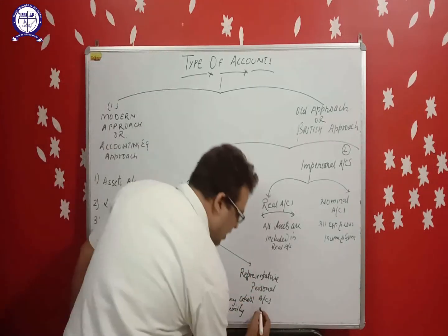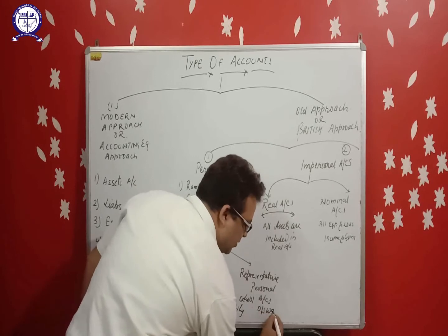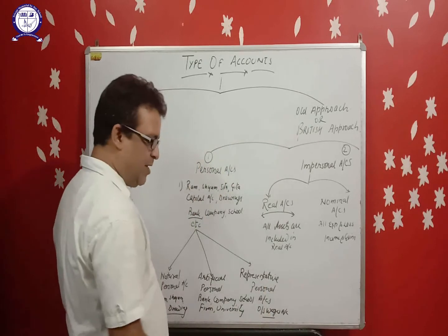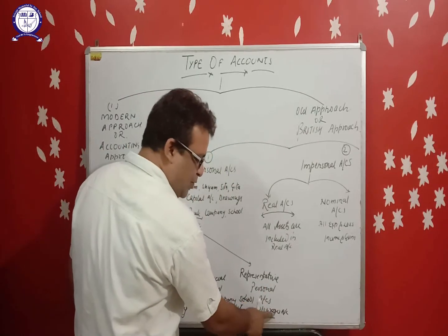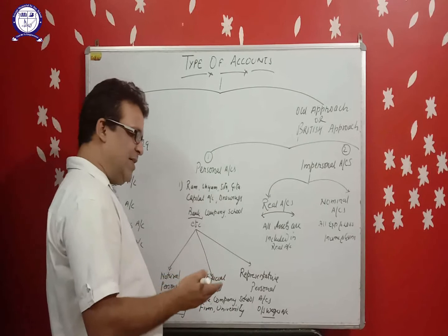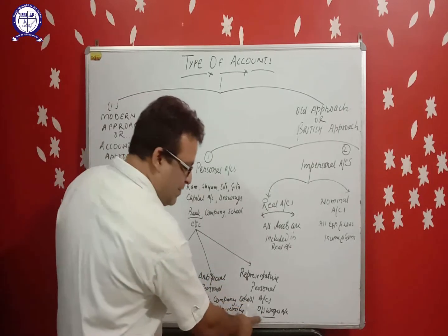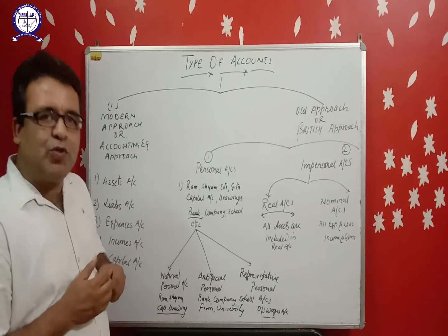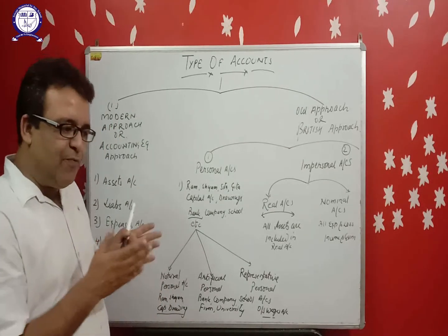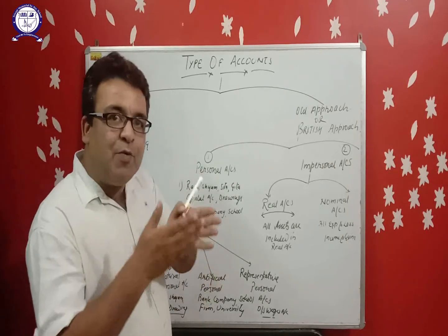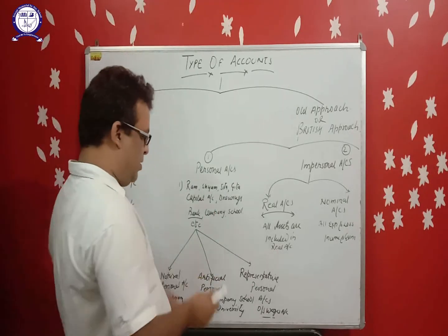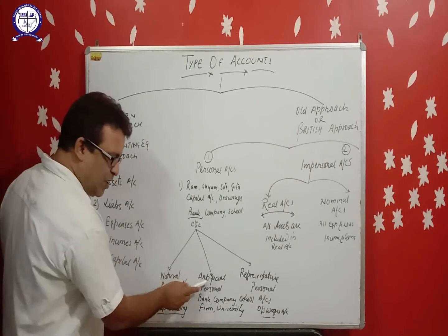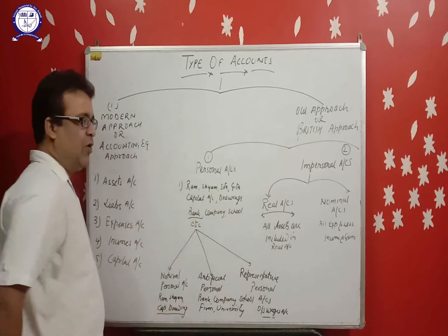For example, outstanding wages account will represent those employees or workers to whom wages are still not paid. Prepaid wages account will represent those workers to whom we have paid wages in advance. So there are three types of personal accounts: natural personal, artificial personal, and representative personal account.